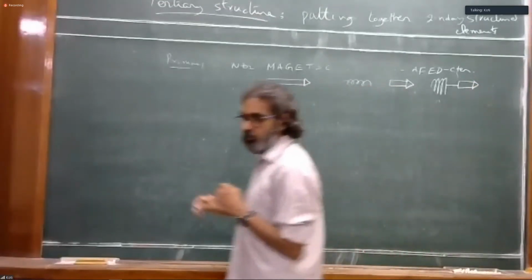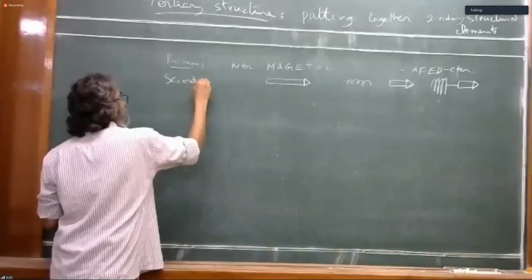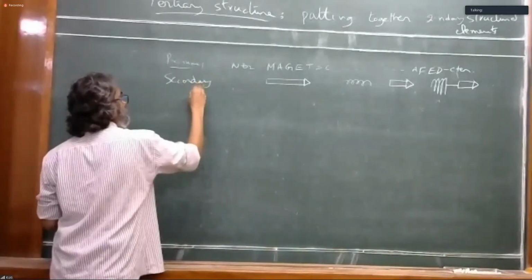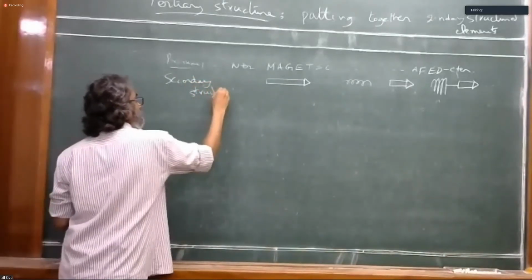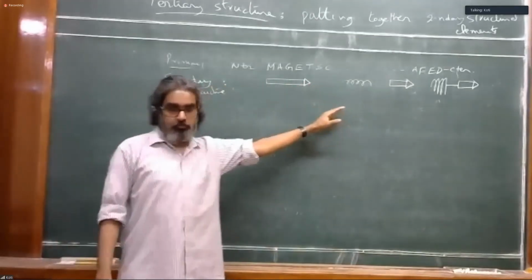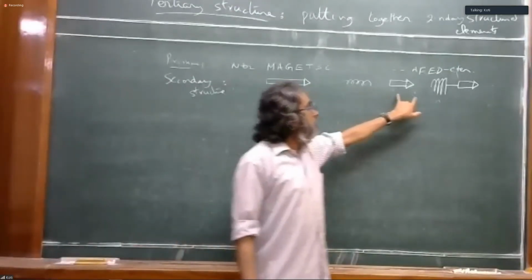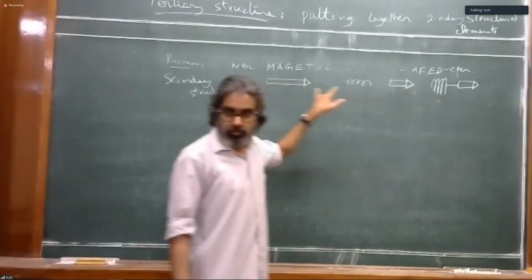This is now secondary structure. In the long polypeptide chain, some stretches form standard secondary structures.